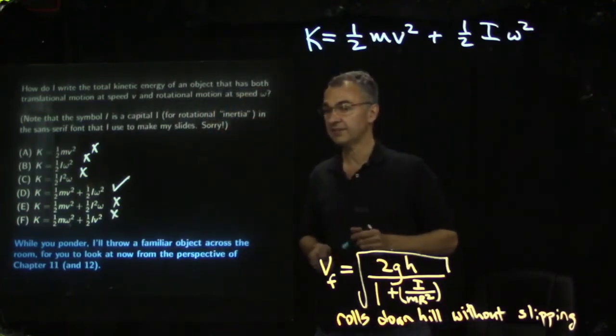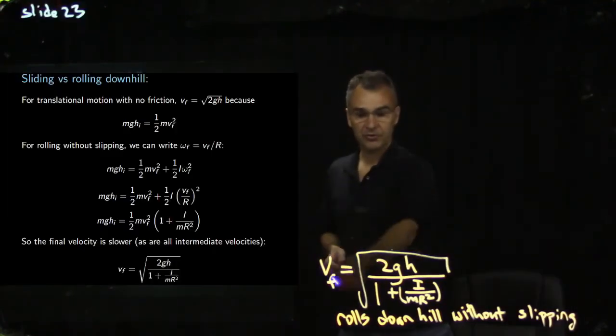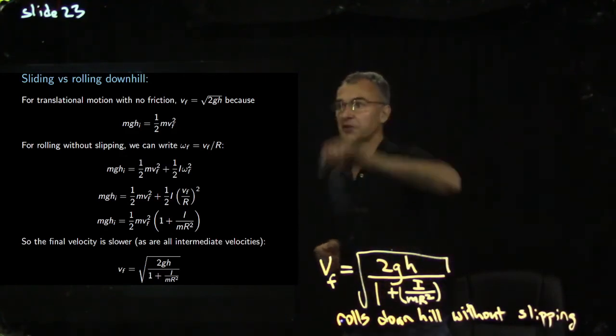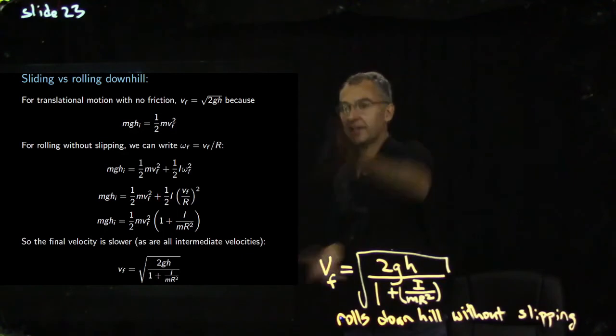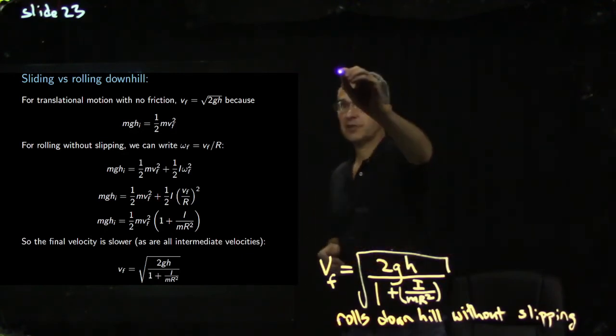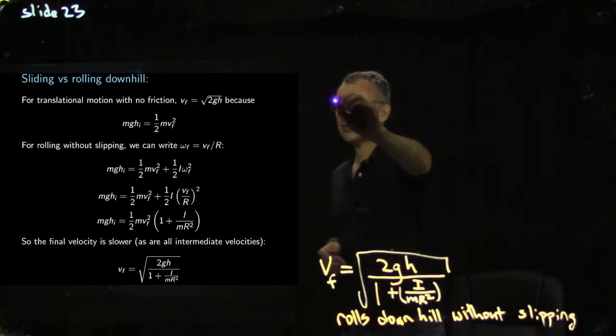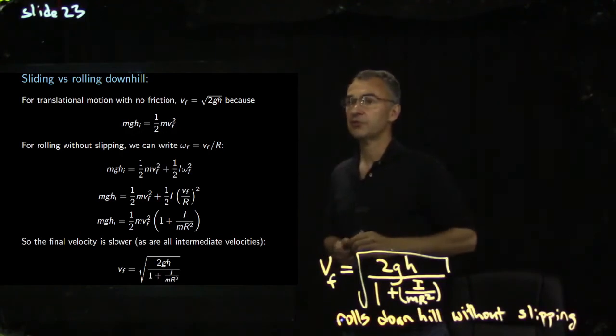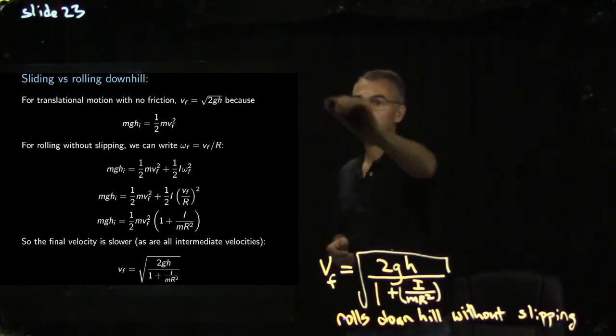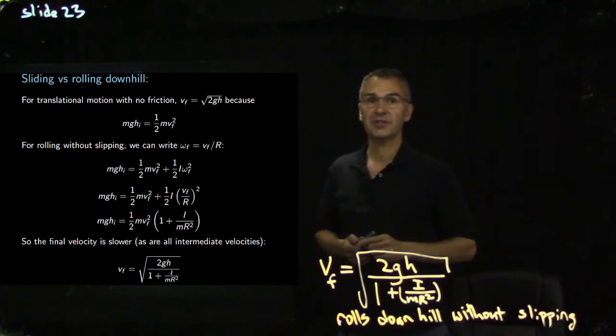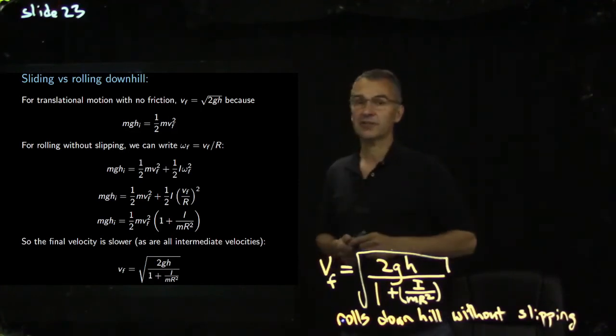I left this result that we worked out earlier here because now we finally are working through it once again on slide 23. For translational motion with no friction, V final is square root of 2gh because you just take the initial mgh, and it all gets converted into the final 1/2 mv squared.